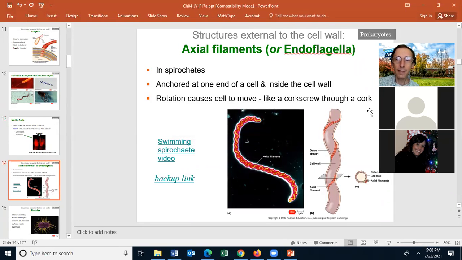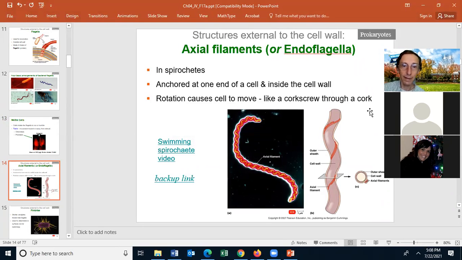So let's talk about another structure that some cells have, and that is an axial filament, which I don't even use that term. I call them endoflagella. It is a flagella, but it is a special flagella in that it is not external to the cell.